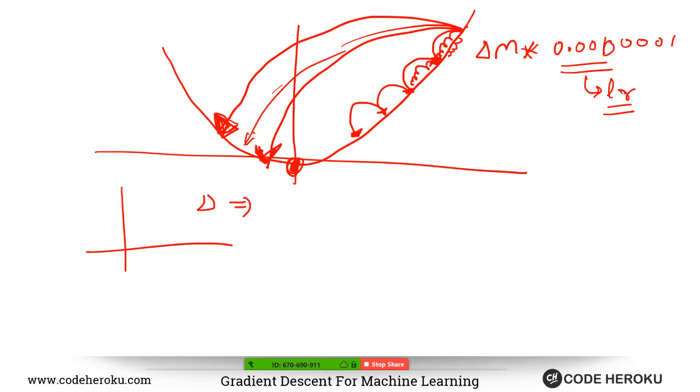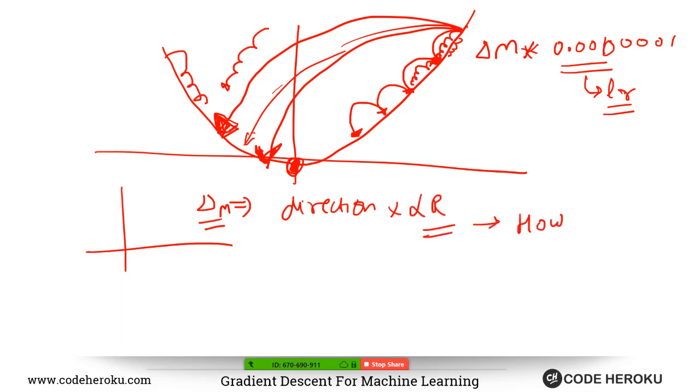When we do delta m, we are getting whether we should move this way or that way. With delta m, we are getting the direction, and with the learning rate, we define how much to move. So this is how much to move, and this is which direction to move.